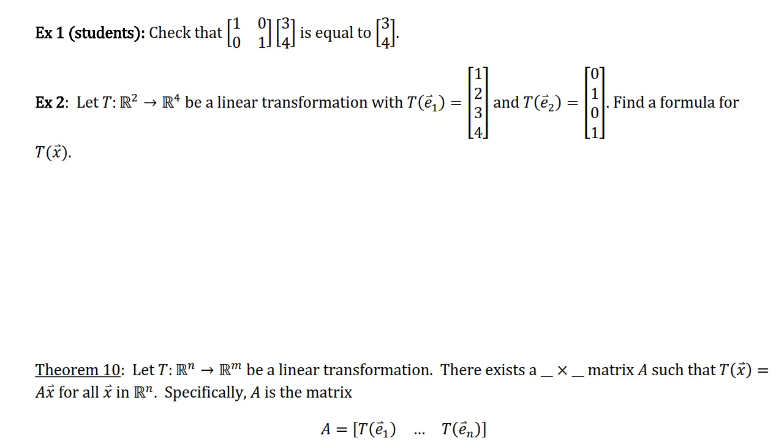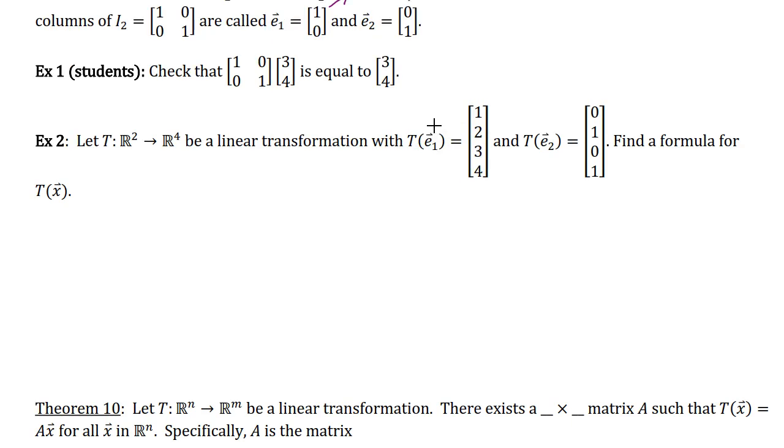So anyways, let's do this example here. The first thing I want to do, before we try to do T of x, is write x itself a different way. Well, we know that x is equal to the identity matrix times x, which you could write as I times x, and you could also write it as 1, 0, 0, 1 times x1, x2.